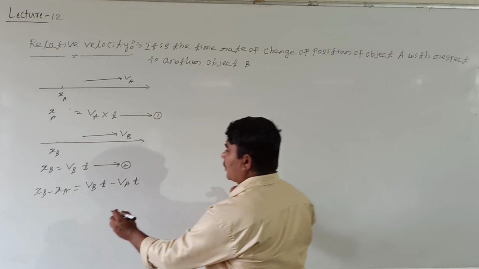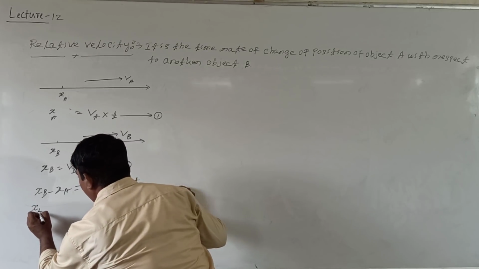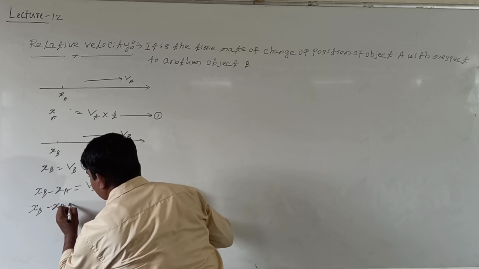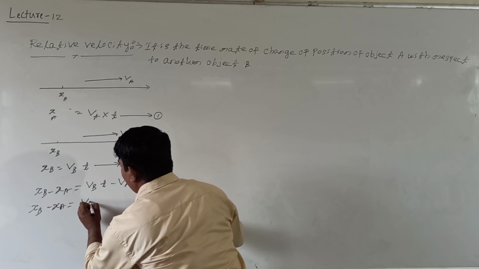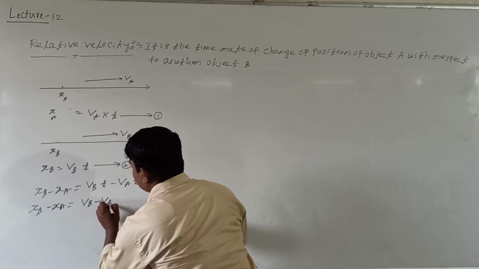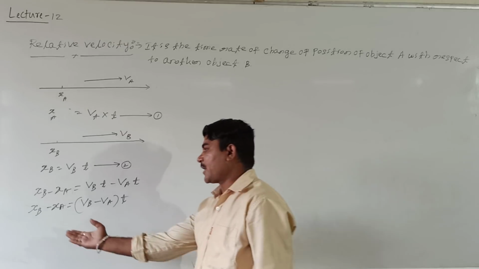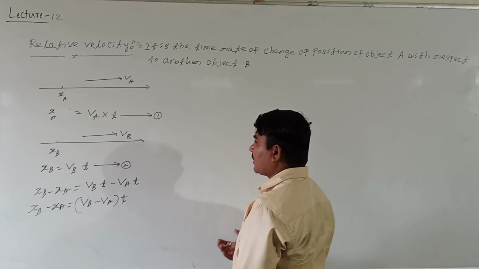Or xb minus xa, with t common, equals Vb minus Va into time.